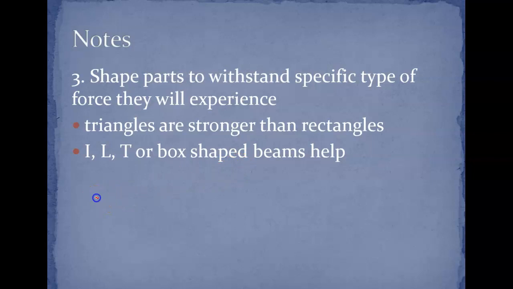Now, an I-beam might look something like this. And the reason why we would use an I-beam is you put in a wide base at the top, wide base at the bottom with a single supporting vertical column.